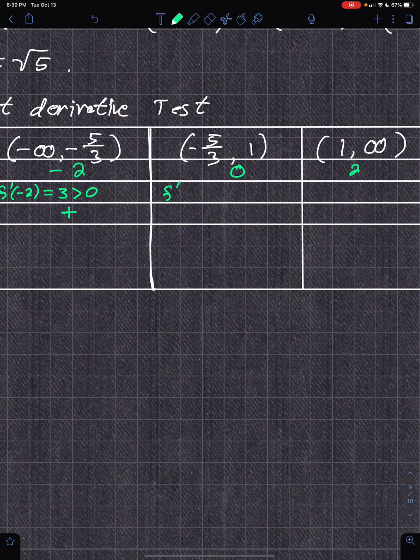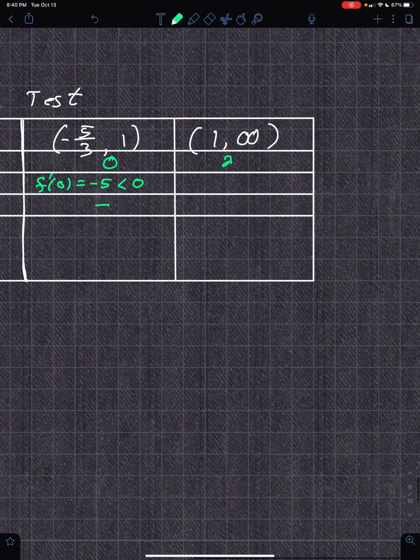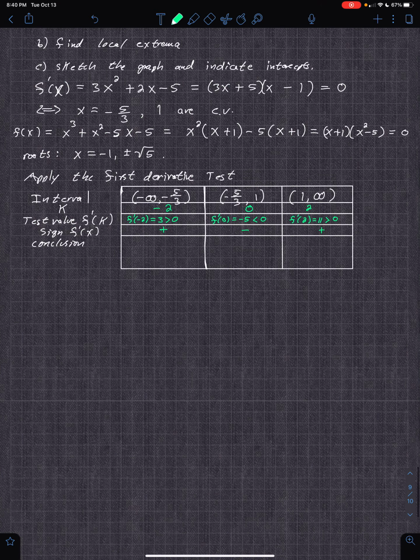I substitute in and evaluate the derivative at 0, and I get -5. That's less than 0, so it's negative. And then f prime of 2, I evaluate and get 11, and it'll be obvious if you put in even bigger values. That's greater than 0, so it's positive. So it looks like I'm changing sign.